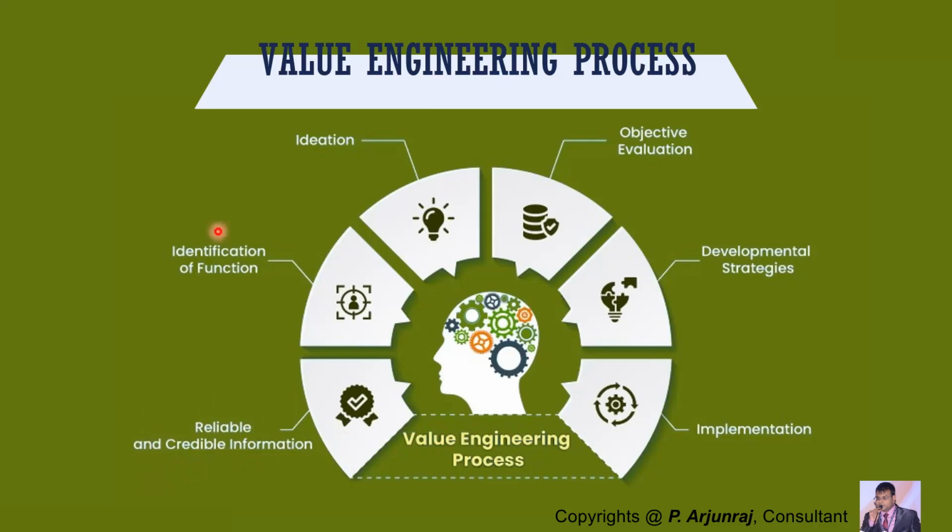And next one, I told you, you should identify the requirements, which is nothing but the identification of a function. Then you generate ideas, then you evaluate ideas. Then this is very much important, where the development comes into the picture, where you do the design or the prototype, you do the development, or you do the initial testing, and then final testing.